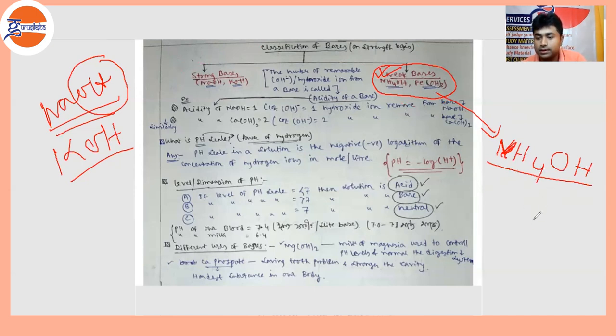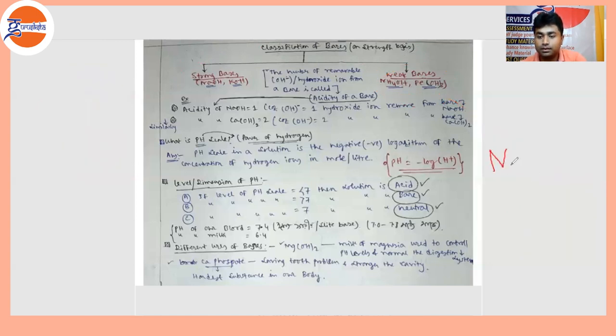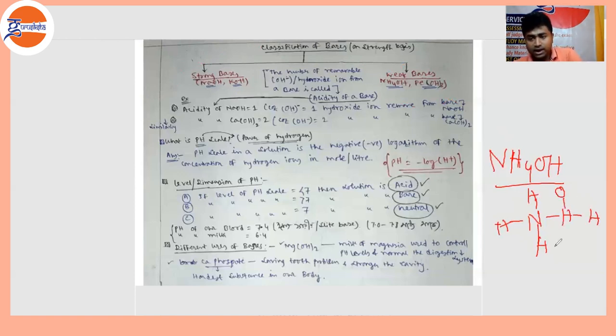Okay, so N with four hydrogens, one, two, three, four, and the OH group is placed over here.